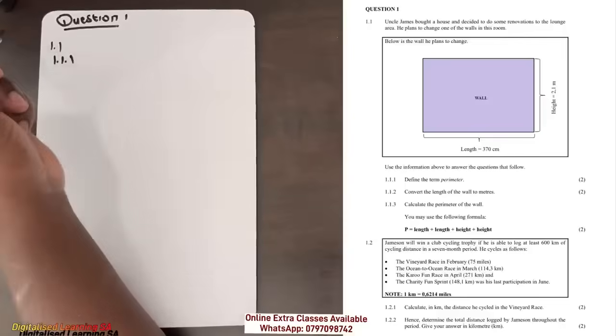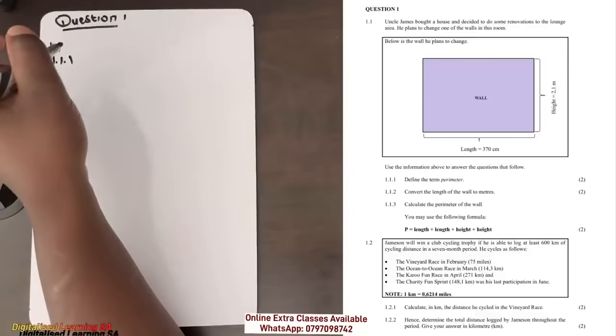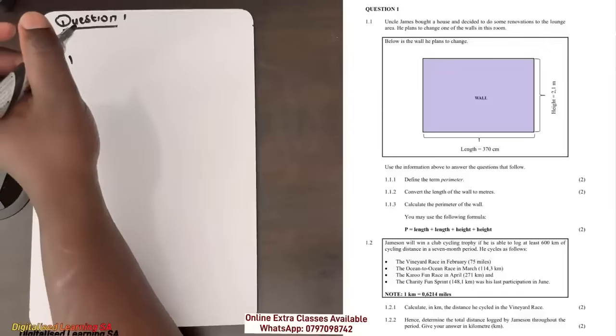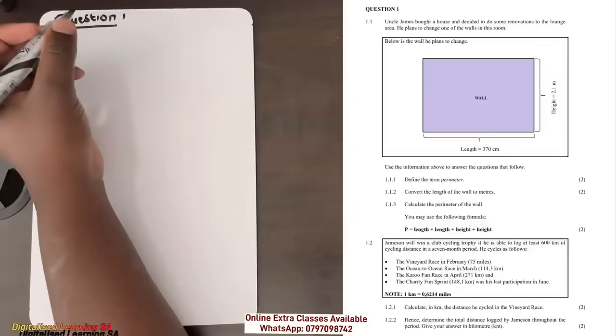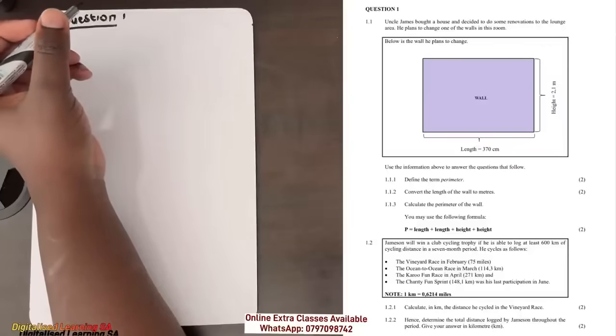So the first question is going to be question 1.1.1. So question 1.1.1 says define the term perimeter. So in short, perimeter is the total distance around the shape.